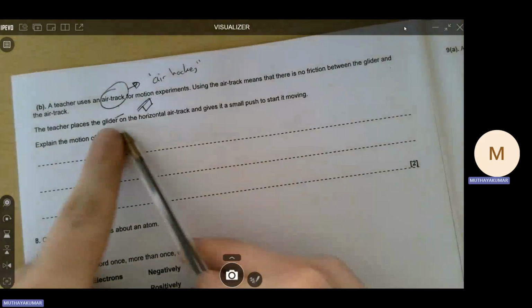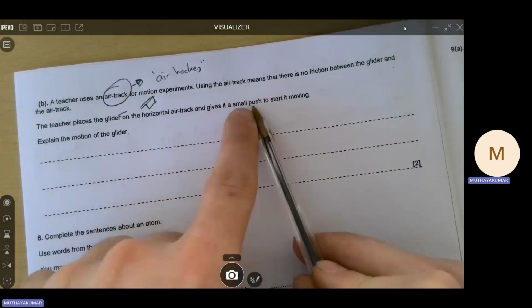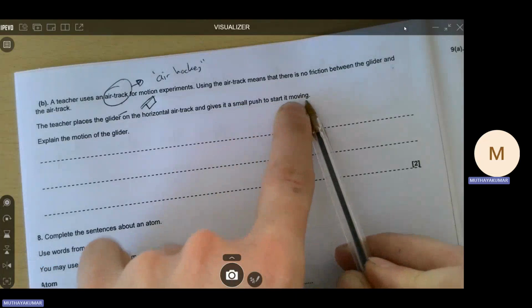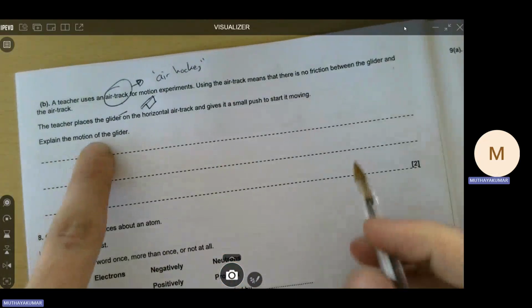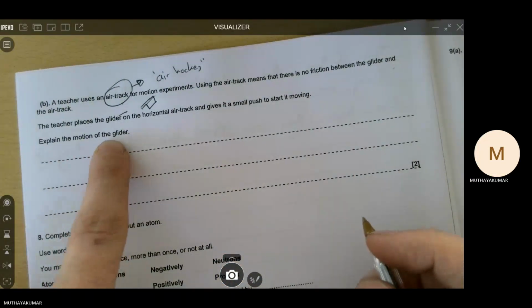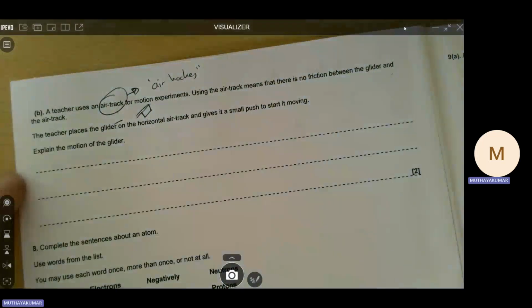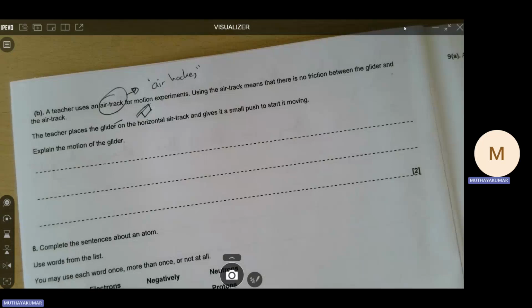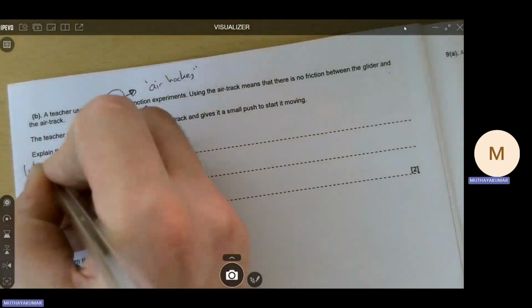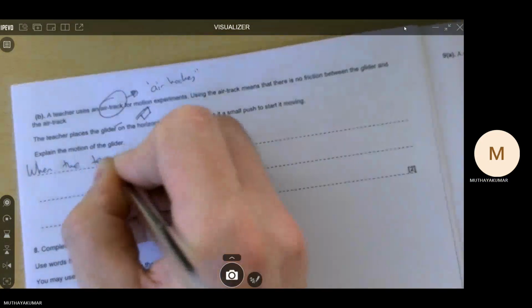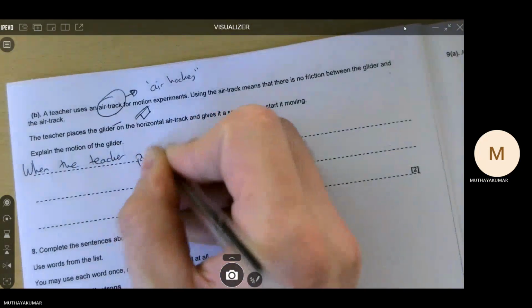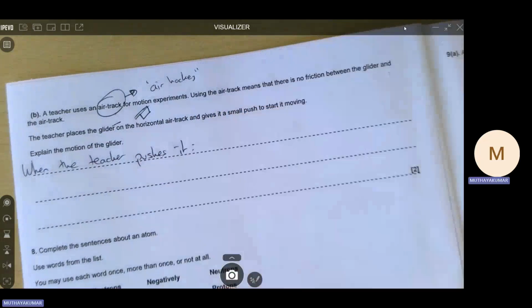So the teacher places the glider on the horizontal air track and gives it a small push to start it moving. Explain the motion of the glider. So I guess there are two things to say. There's what happens when the teacher pushes it, and there's what happens after the teacher has pushed it. So when the teacher pushes it, that's fairly obvious.